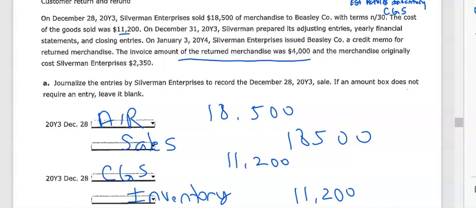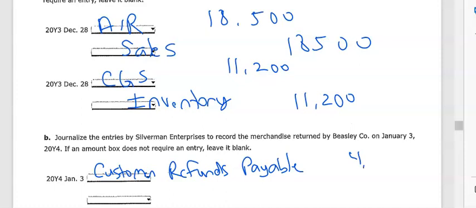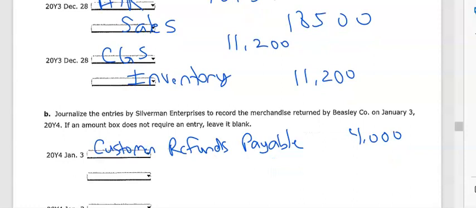The invoice was $4,000. Did we give them cash or did we give them credit? A credit memo. So we gave them credit to their account. So we're going to credit accounts receivable, and that accounts receivable belonged to Beasley. So we're crediting their account for $4,000.